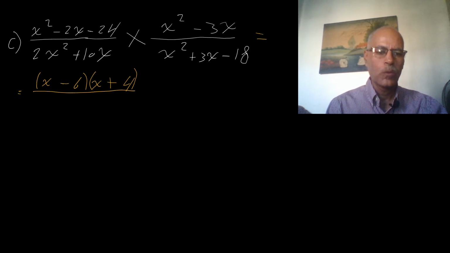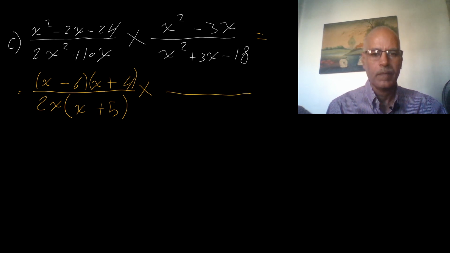There is a common 2. Take 2x common. What's the remainder? 2 over 2, I take 1. x squared over x, I take x. Plus 10 over 2 is 5. So 2x times x plus 5, times x power 2 minus 3x.